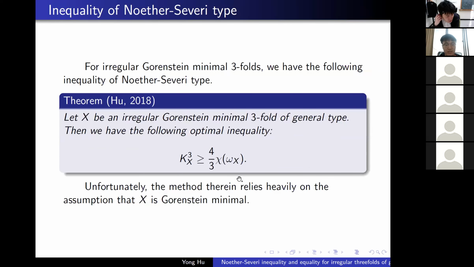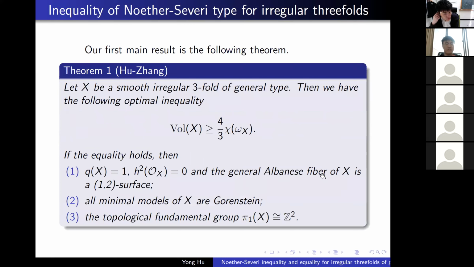So now I state our first main theorem. Our first main result is the following. Now let X be a smooth irregular threefold of general type. Then we have the following optimal inequality: the canonical volume of X is larger than or equal to 4/3 chi(omega_X).